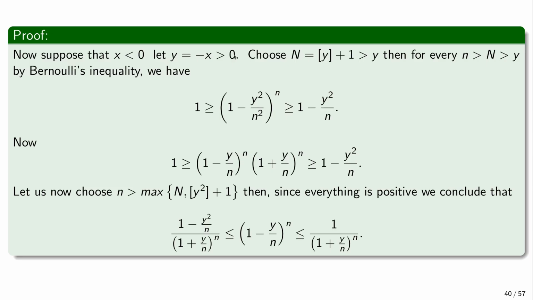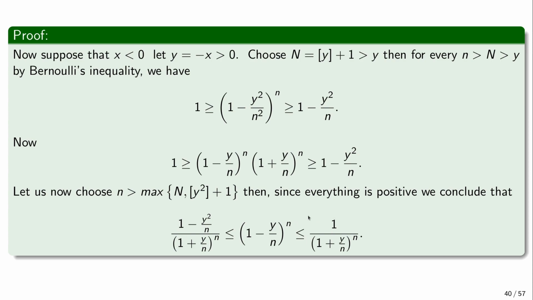So y is minus x, which is positive, so at no stage are we in danger of dividing by 0 or by something negative. Therefore, this inequality is well established. Everything here is strictly positive.